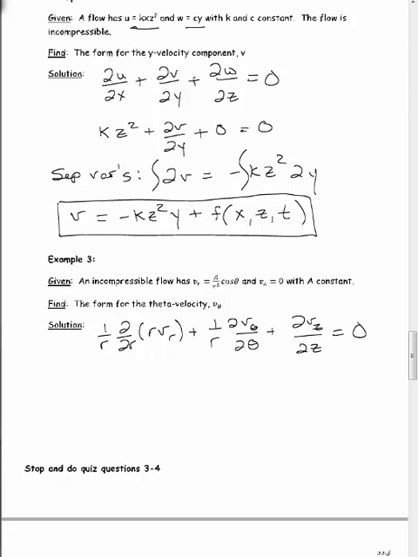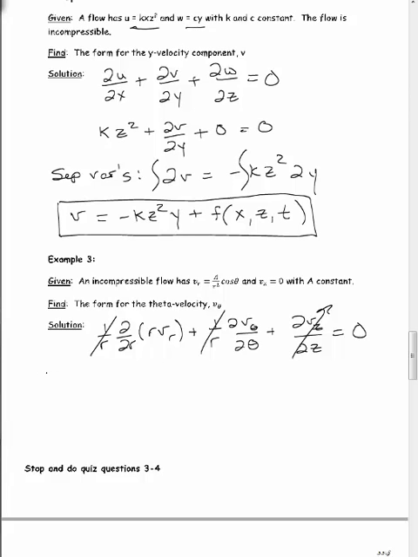Okay, well, if vz equals 0, this term goes away. And then let's multiply through by r, so those 1 over r's go away. And so what we're going to need here is the derivative of r vr. So like I said, what you do for that is go ahead and multiply vr by r before you take the derivative.